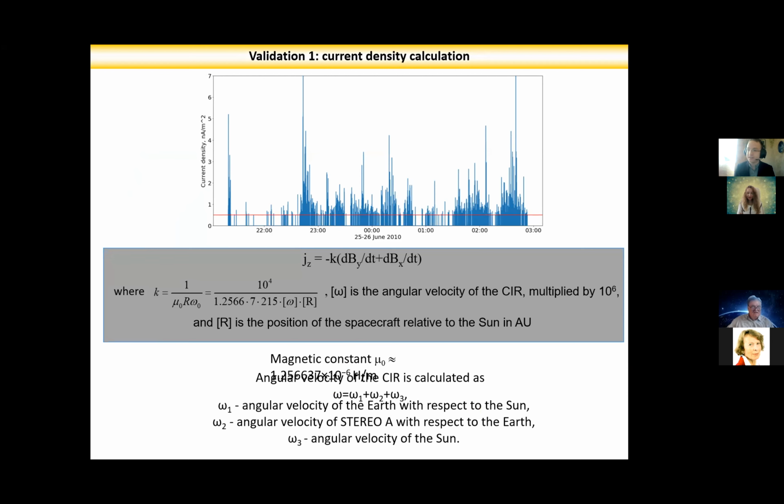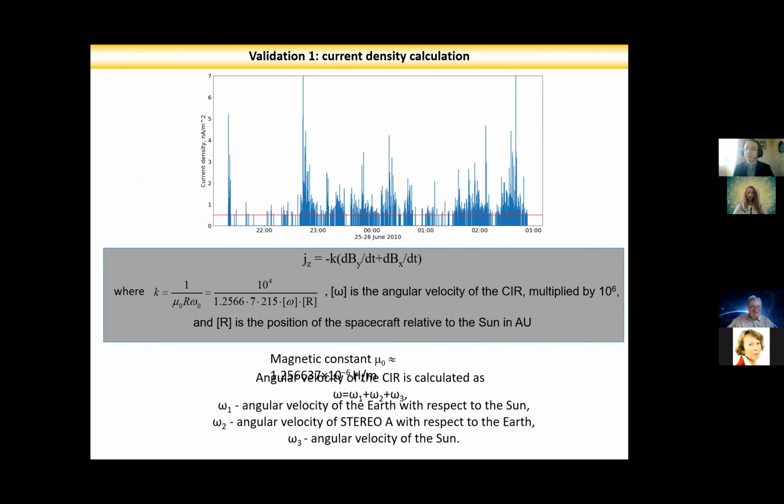The current density is also a sure sign of a current sheet crossing, the current density being over a certain threshold. We took a 0.5 threshold for the sake of this study.